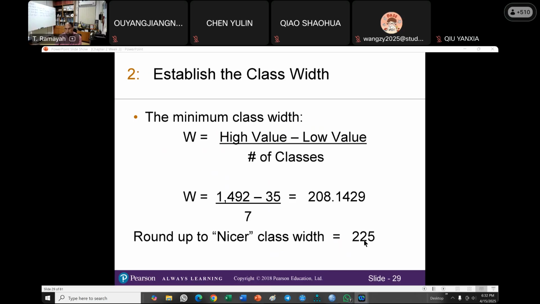So you can decide on any number so that a group will not be like 208, 209, right? You can try 210. You can also try 225. You can decide. You still have the 7 classes.